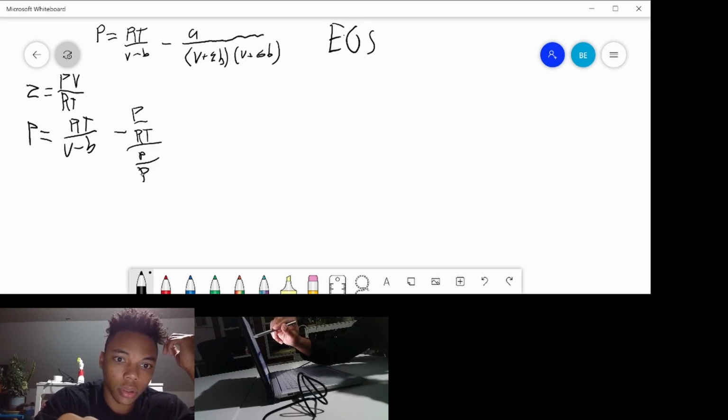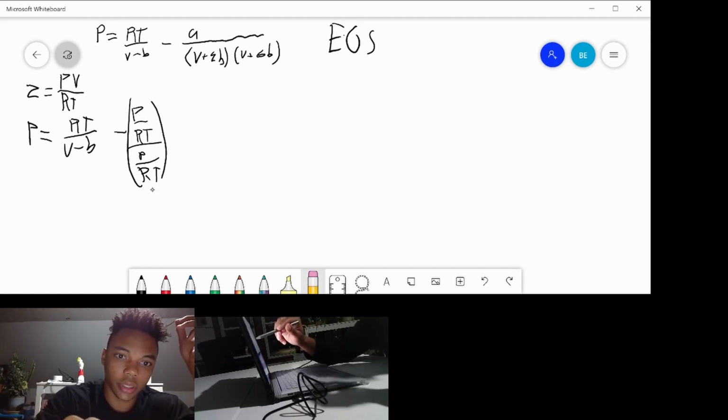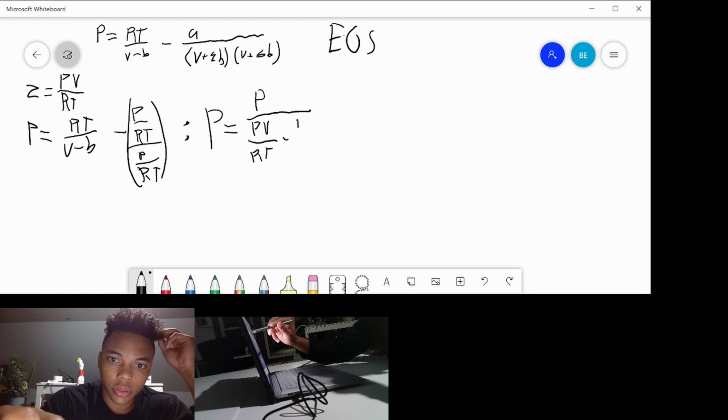That gives us P equals P over RT times the specific volume, over RT, minus b P over RT.